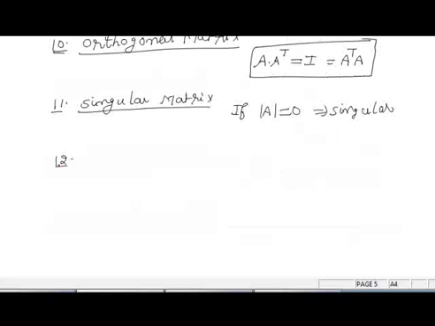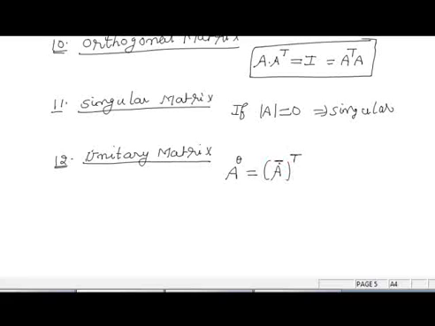The next type of matrix is Hermitian matrix. And before going to Hermitian, we need to understand unitary matrix. What is unitary matrix? Unitary matrix is defined by A theta, and it is nothing but A bar transpose, and bar is nothing but the complex conjugate.